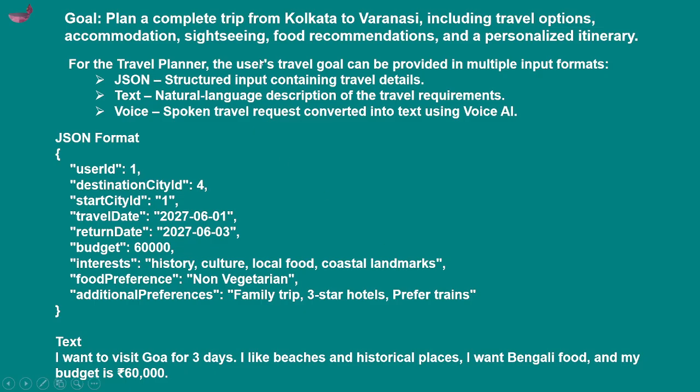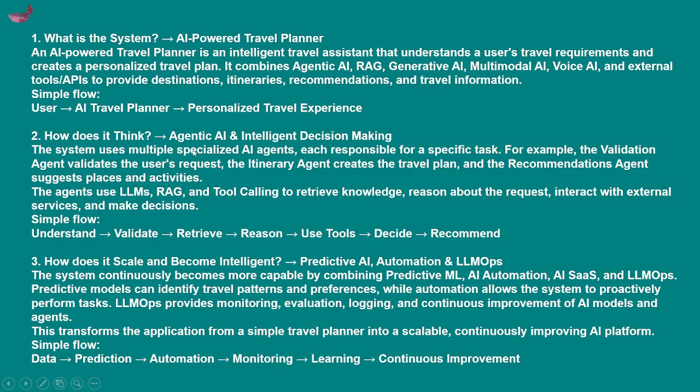So as I said, I have shown you the three types of inputs. So what is the system all about? This is an AI powered travel planner. An AI powered travel planner is an intelligent travel assistant. It understands the user's travel requirements and creates a personalized travel plan.